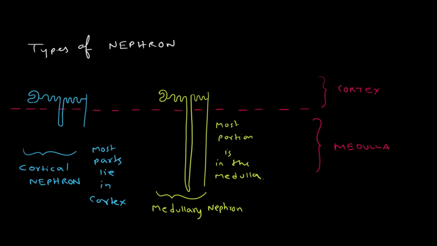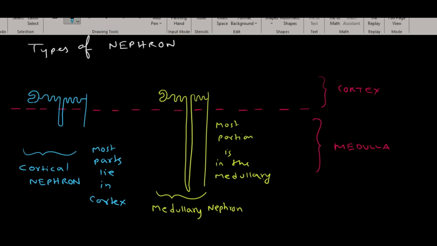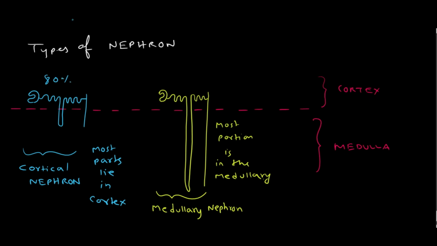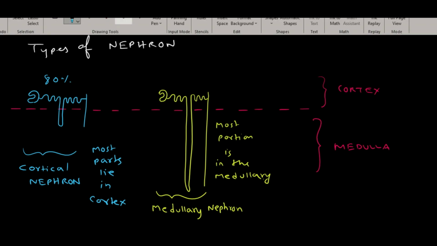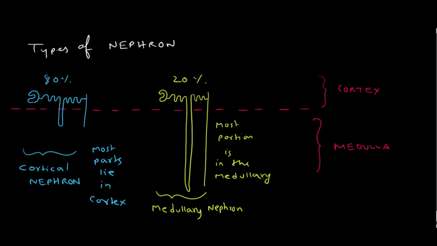So there are two types of nephron we have seen, that is cortical nephron and juxtamedullary nephron. We have 80% cortical nephrons and, more or less, 20% medullary nephrons.